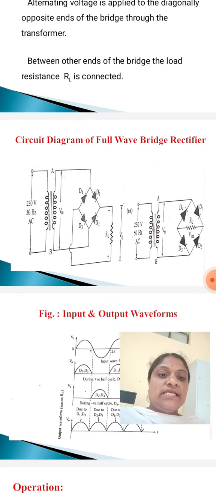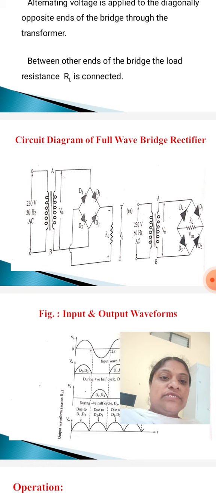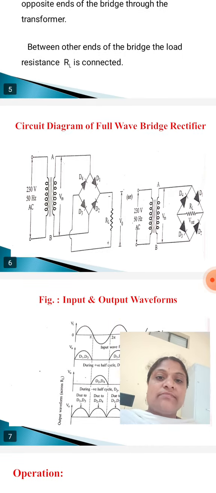That means D1, D3 are connected to the alternating voltage, and the ends of D2, D4 are both connected to the load resistor.